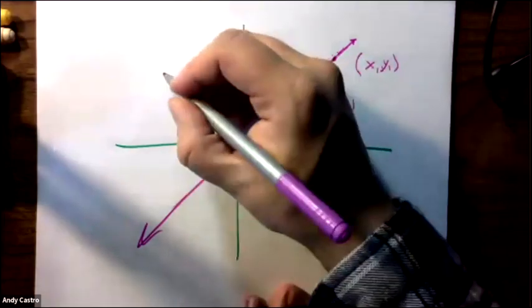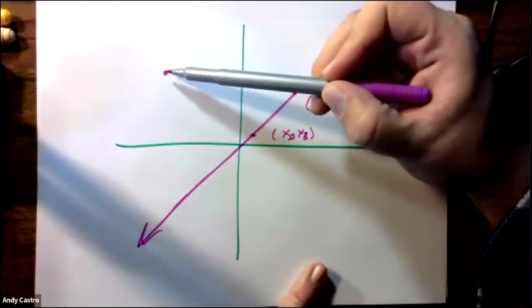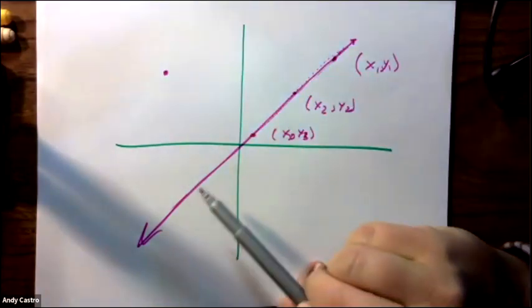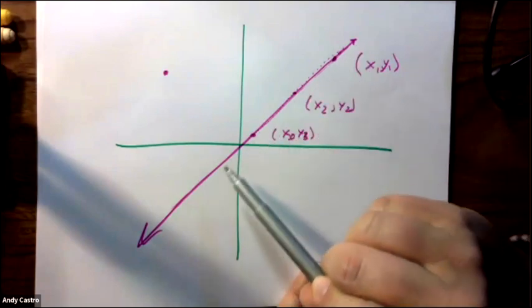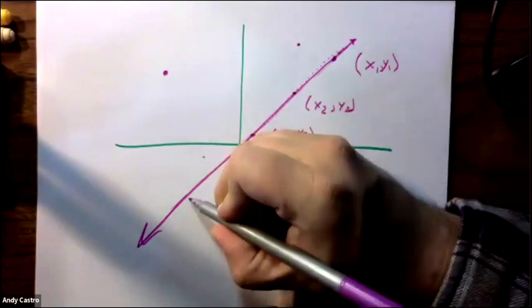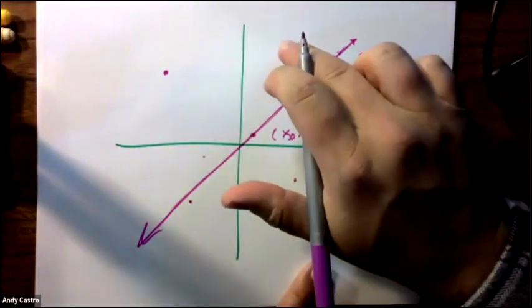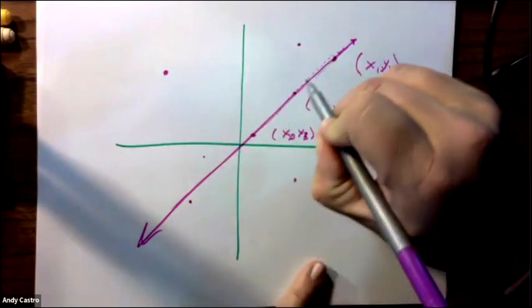Okay? If I were to put a dot out here, this is a point, but that point does not exist on this line. If I were to put a point here, or a point there, or even really, really close, but still not there, all of those points do not exist on this line.